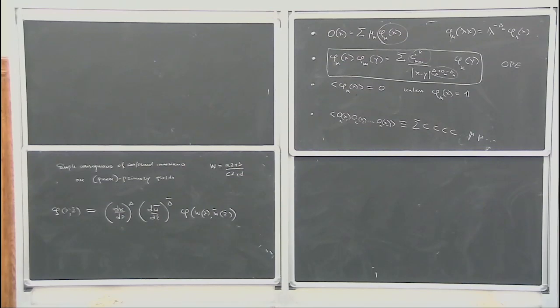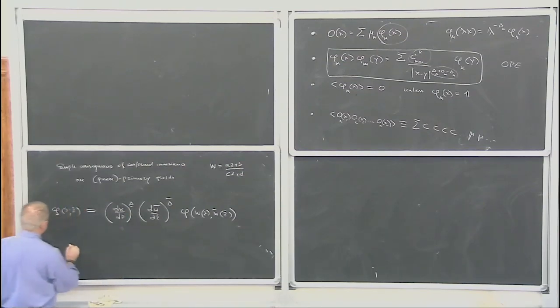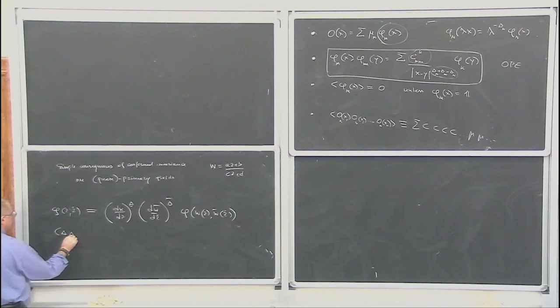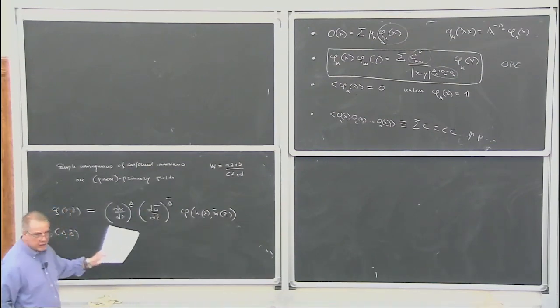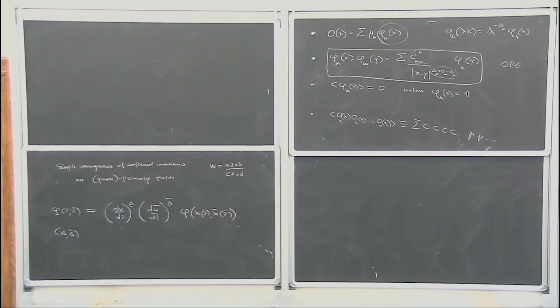So quasi-primary fields of conformal weights delta and delta bar are those fields which under Möbius transformation transform as a generalized tensor of weight delta and delta bar, respectively, with respect to omega and omega bar. And I insist, omega bar and z bar have nothing to do with omega itself, just a different function, and I denote it in this way. So these are the quasi-primary.